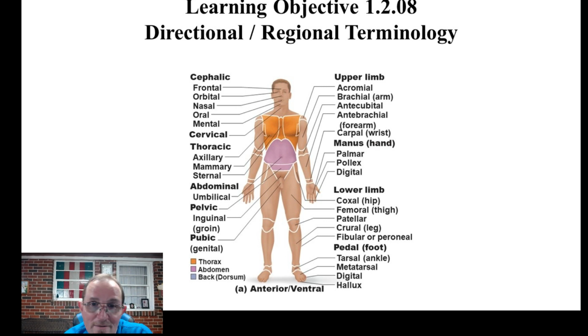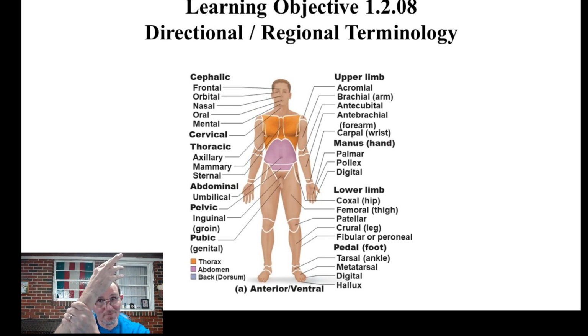Let's go over here. Okay, the upper part of the arm, this part of your shoulder right here, just where the top of the shoulder and the arm meet, is going to be the acromial region. This is going to make more sense when we get to the bones. The arm is the brachial. Now, the arm is only things from the elbow to the shoulder.